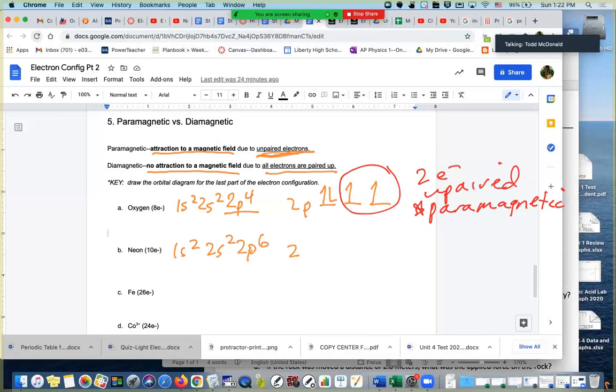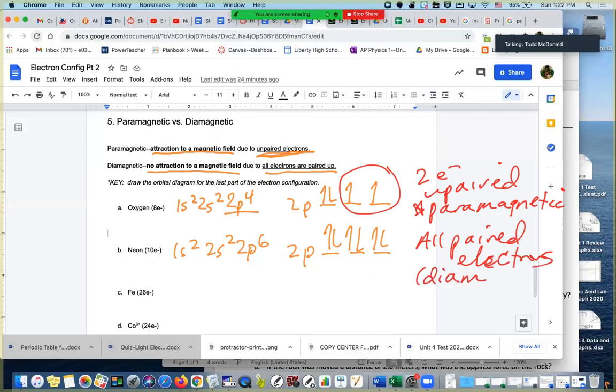And again, using that orbital diagram to evaluate 1, 2, 3, 4, 5, 6. Hey, look, these are all paired up. So we have all paired electrons. Okay, so what we would say is that these are diamagnetic. So we would not expect magnetic properties. So if you put a sample of neon in a magnetic field, it's not going to have any kind of attraction to that magnetic field.